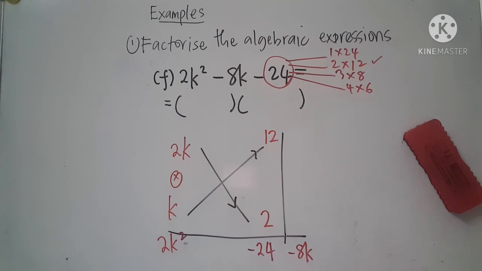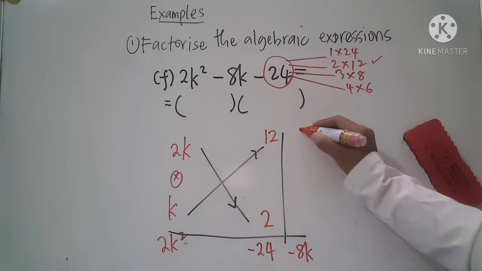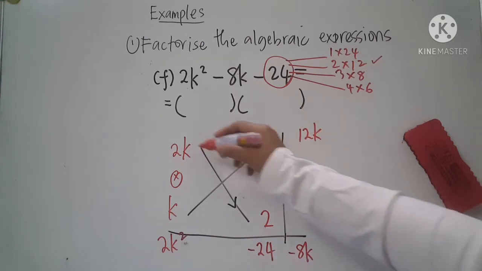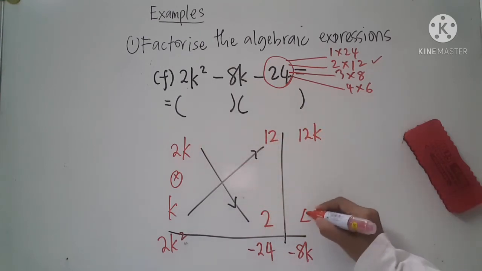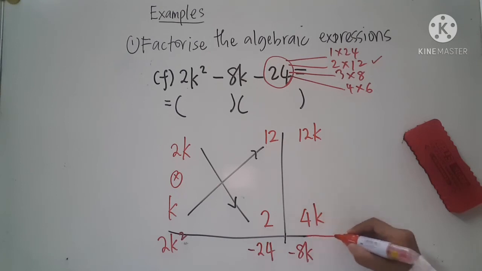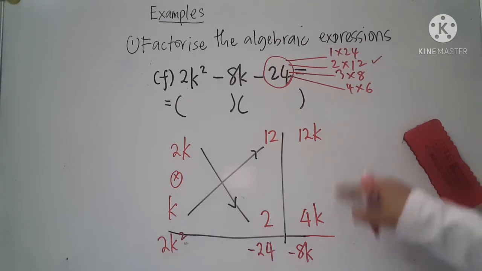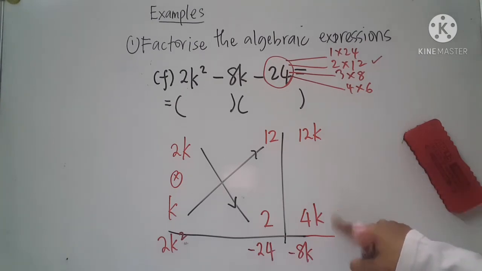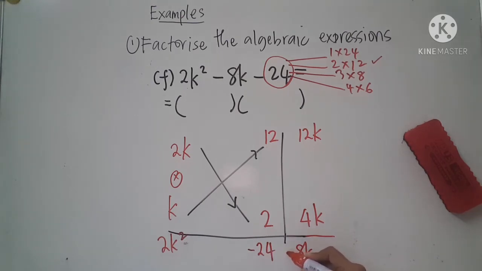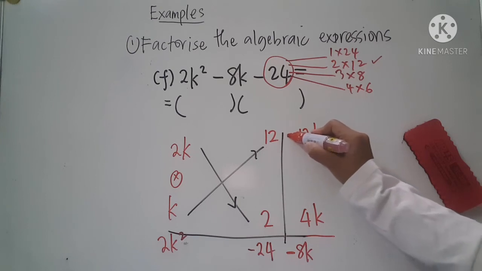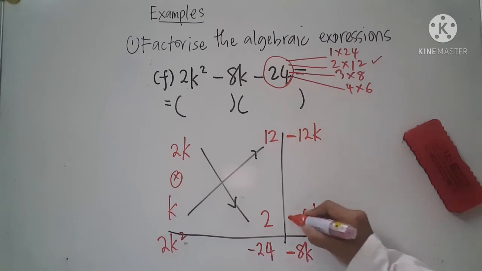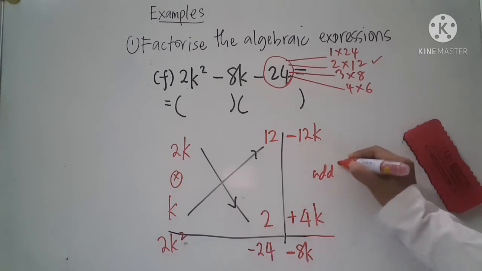If this one is 12k, 2k times 2 is 4k. How do I get the negative 8k here? By putting the negative and the positive sign. Since it is negative 8 here, the negative sign must be at the bigger number. So therefore this one is positive 4k. This one you're going to add up.